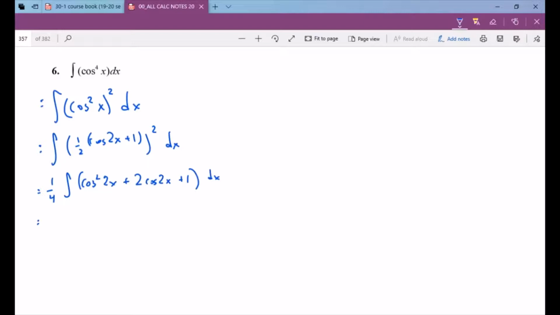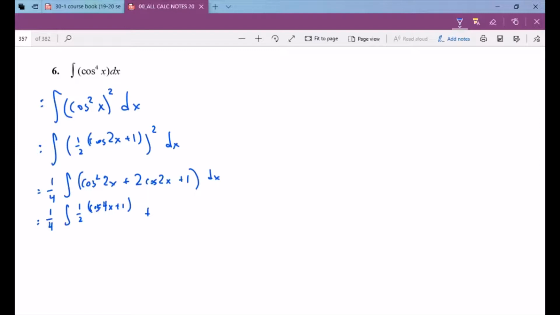And then we're going to do this double angle again with that first one. So this ends up being equal to 1/4 times the integral of 1/2. We're going to call this cos 4x plus 1, because we double that angle. And then let's do our integral of cos 2x.